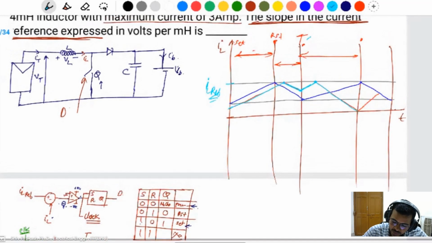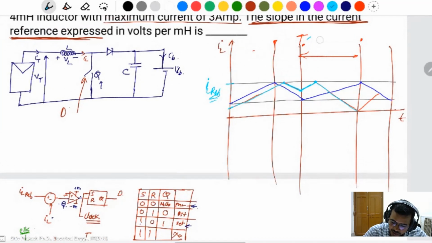To compensate for this, another method is slope compensation. What it is doing is controlling the up slope, it means the turn up slope, in that manner, and setting the IL reference like that.